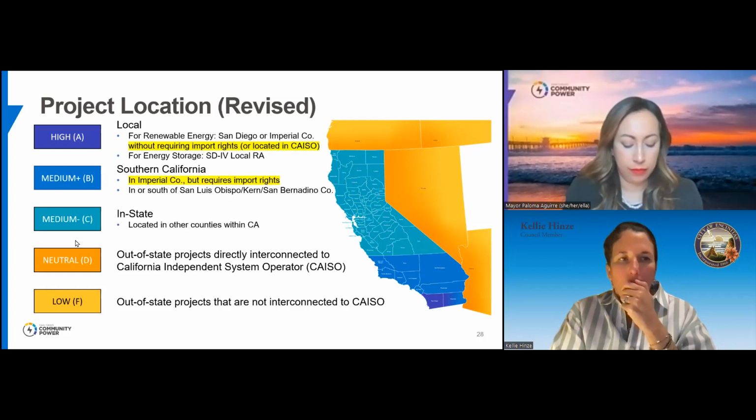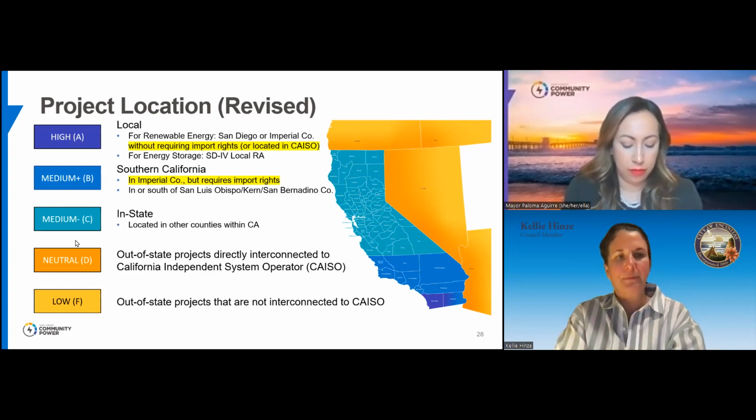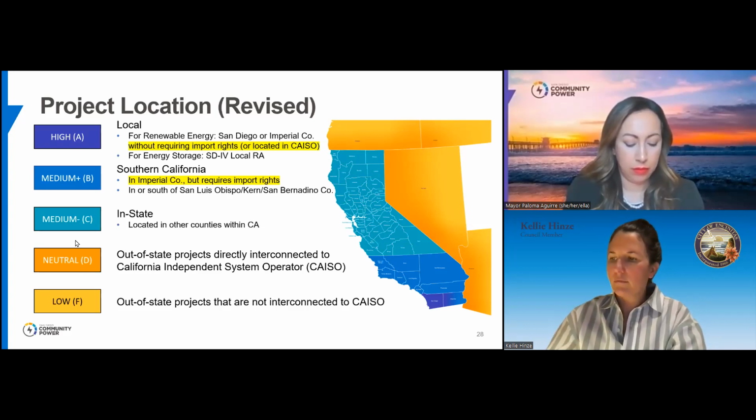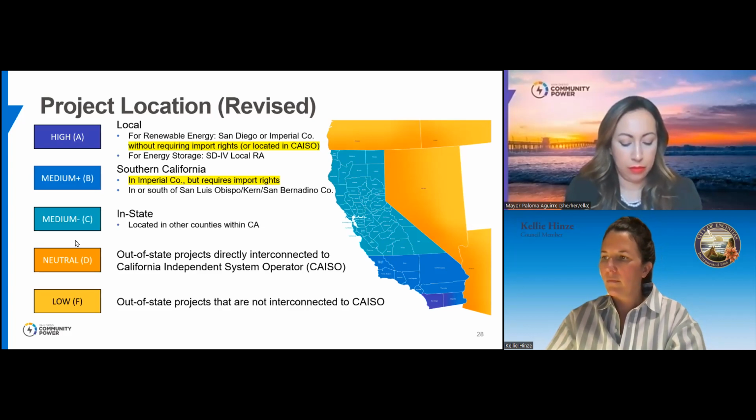So we as an LSE have a limited import allocation associated to us. As much as we want to encourage and contract with those projects, we do have a limited allocation. So we're suggesting we revise the highest criteria here to be in San Diego and also Imperial County for those that do not require import rights. Imperial projects that do require import rights would still be able to score in the B, or second highest, criteria. So that's the change we're suggesting for this criteria.